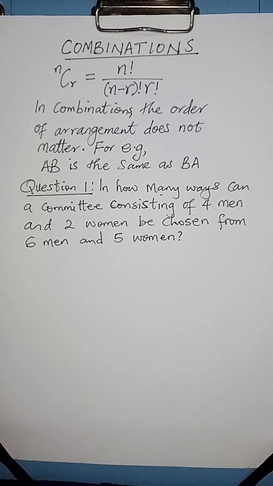Did you notice that there are 6 men and 5 women? From the 6 men, you have to choose 4 men, and from the 5 women, you have to choose 2 women. So you're forming a committee that should have 4 men and 2 women.